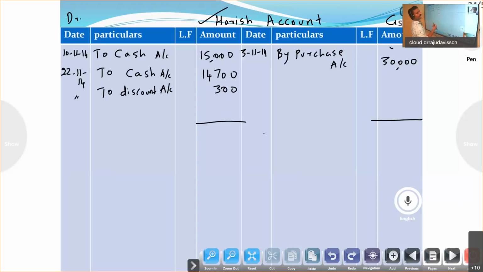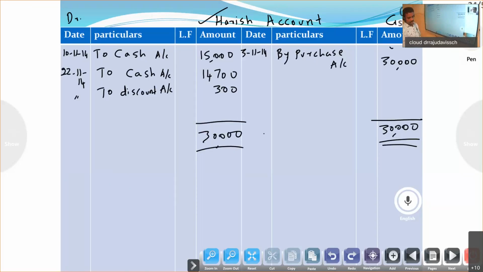So both sides are equal because it is full settlement, so no balance, no need to find balance. Okay, because both sides are equal. Next, so purchase account over, Harish account over.